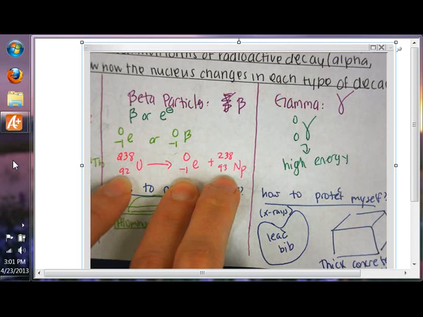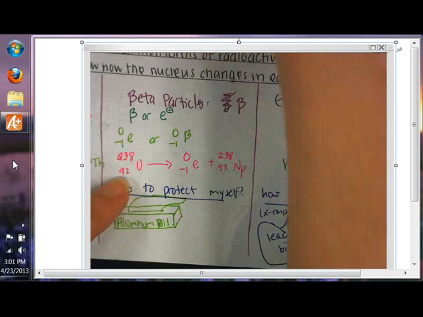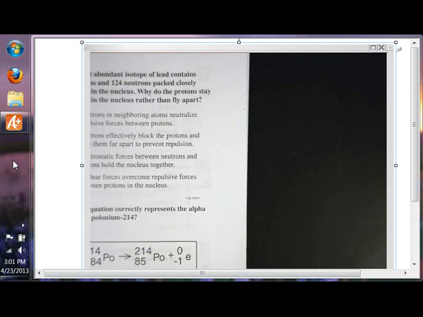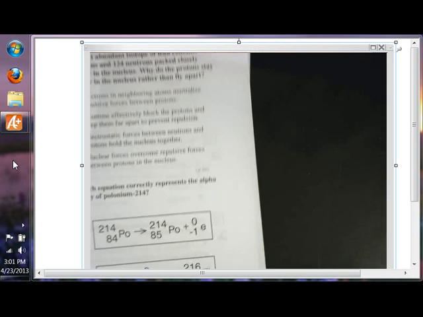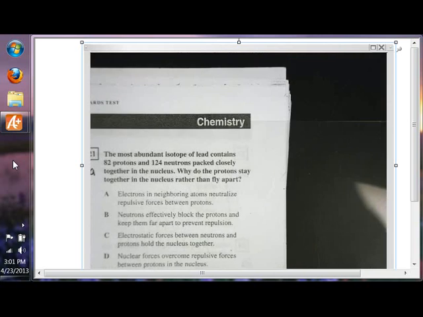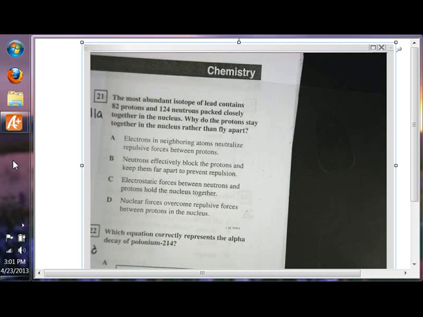Because periods 4 and 5 missed out on the questions, I'm just going to go over a few of these very quickly. The first question asks, why do the protons stay together in the nucleus rather than fly apart?